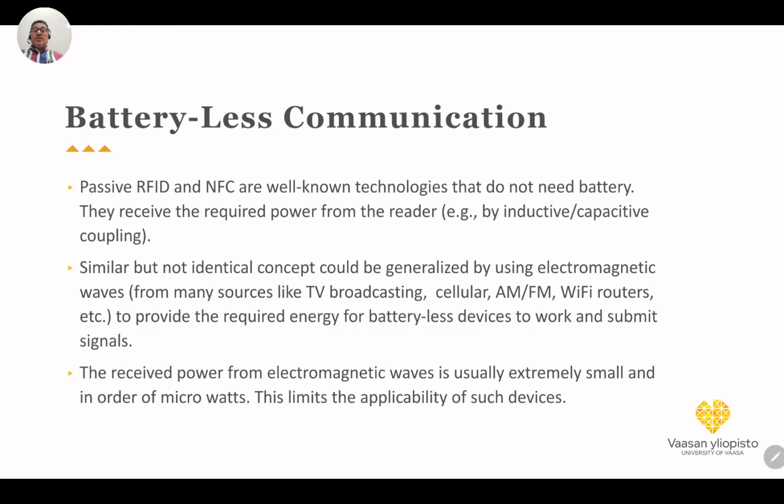So this is called batteryless communication. It can be useful in a remote area, and also for batteryless applications, especially if you want to transmit the signal for only a few meters. Then we will have devices without any batteries, and still they can be useful for some applications.